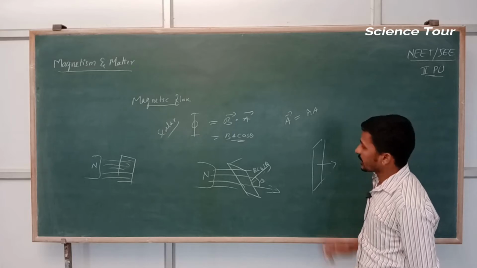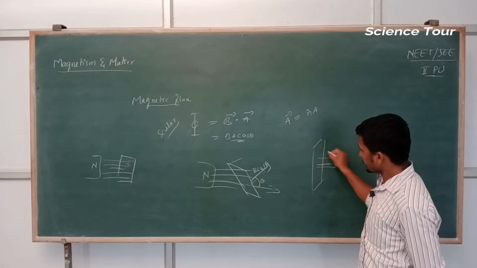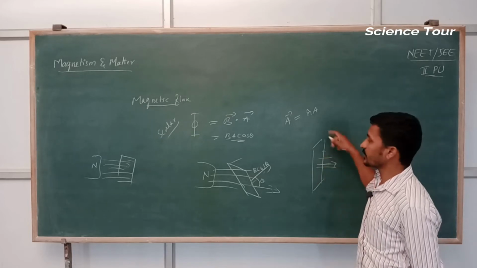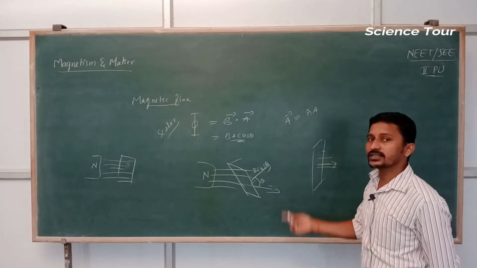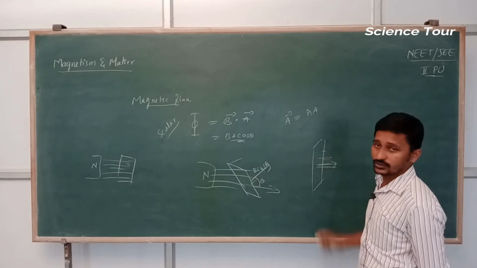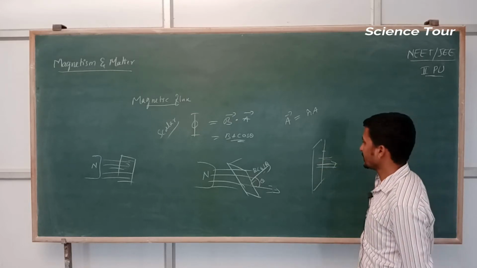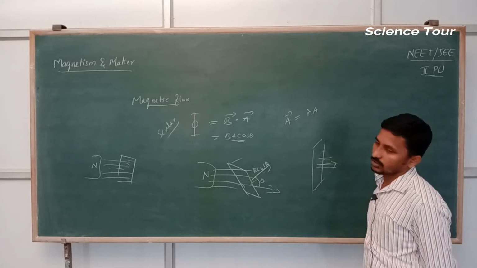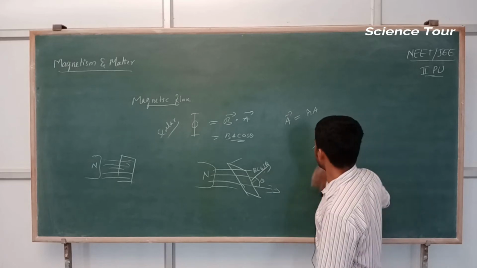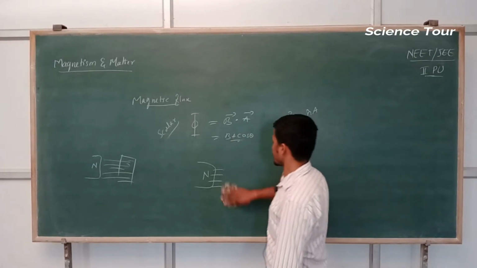So the magnetic field lines passing along that are perpendicular to that area, and all those field lines must pass through it. So you just have to remember this, BA cos theta. This much is sufficient for us.